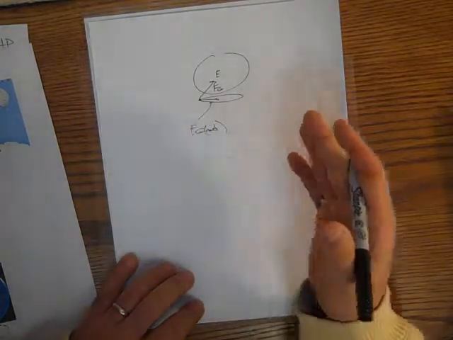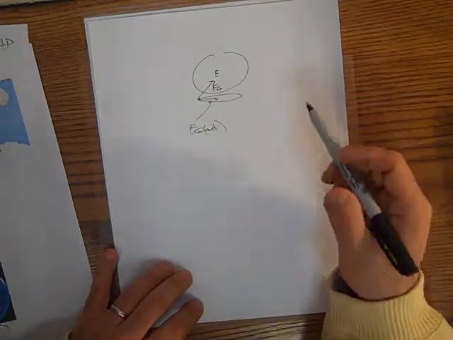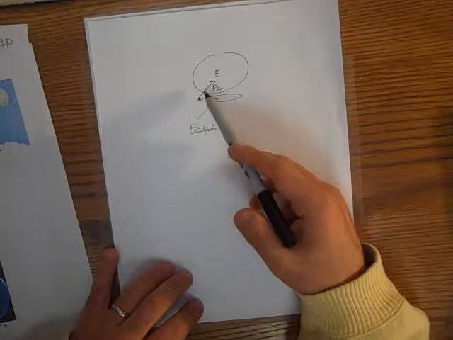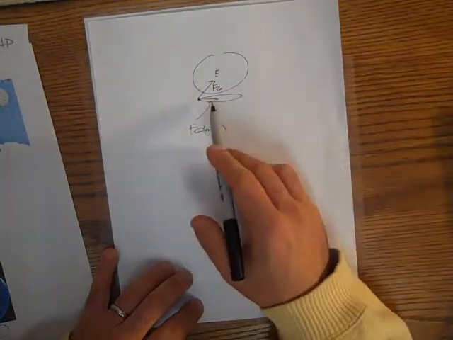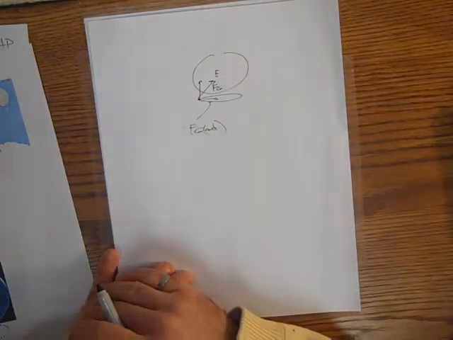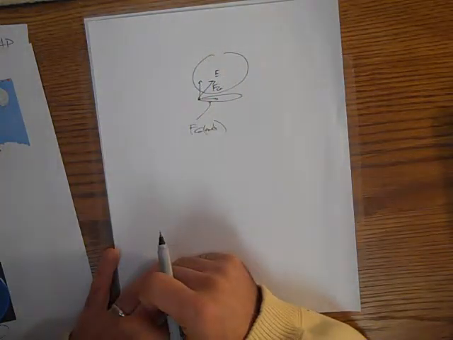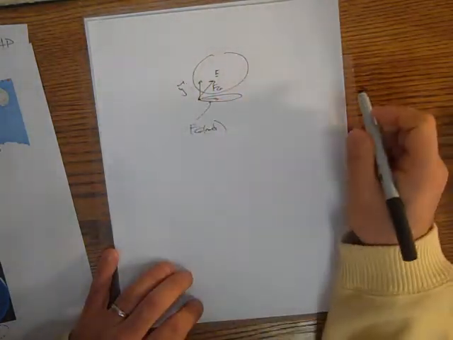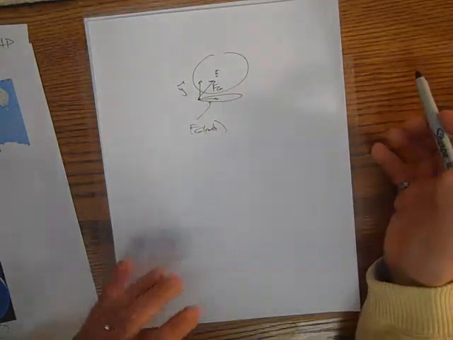The difficulty with this problem is that if I break this force down into components, there's a component that points that way, up in the y direction, that doesn't have a counterforce.